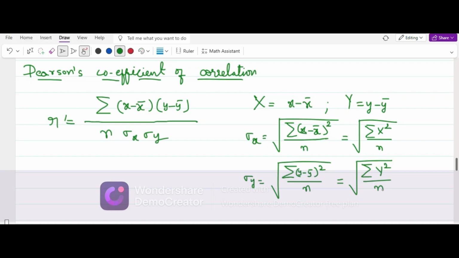So finally, the coefficient of correlation r is equal to the summation of capital X into capital Y divided by n into sigma x, which is the square root of summation x square divided by n, and sigma y, which is the square root of summation y square divided by n. We can cancel root n into root n, which is n, and cancel this n.